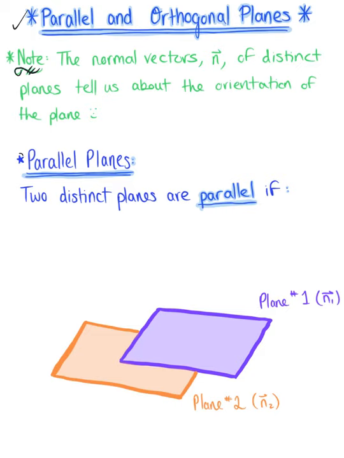So to begin, we want to look at the definition of parallel planes. We say that two distinct planes are parallel if their normal vectors are scalar multiples of each other.